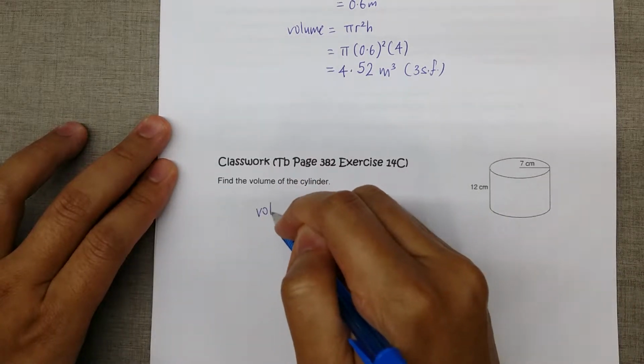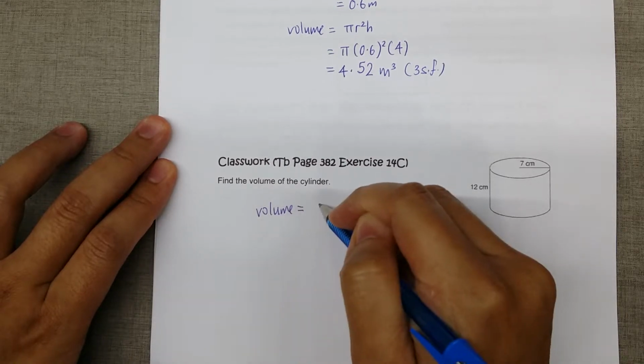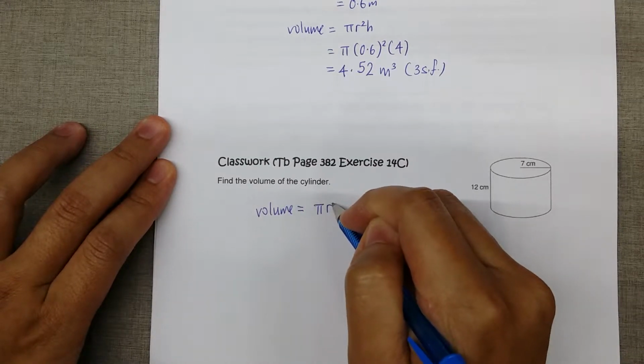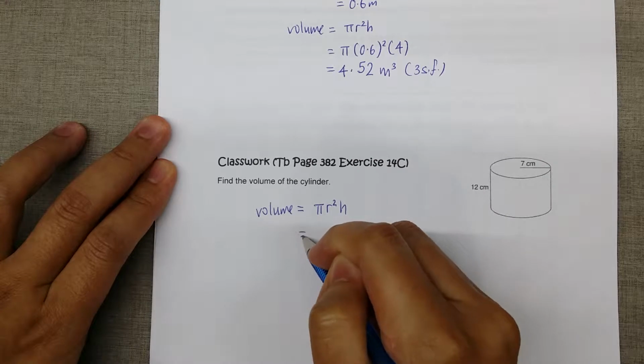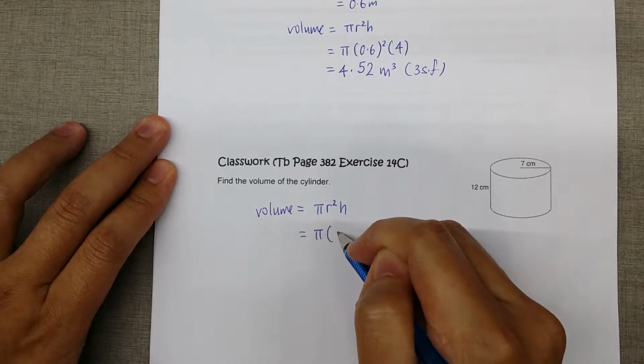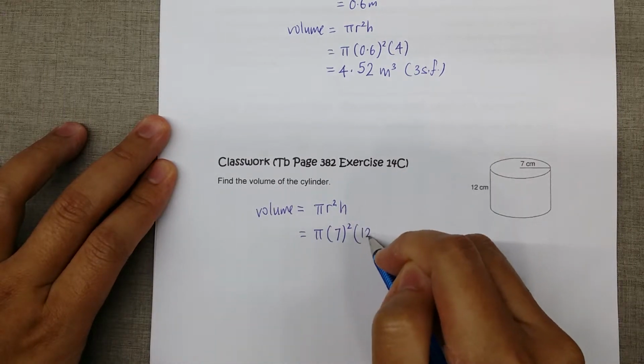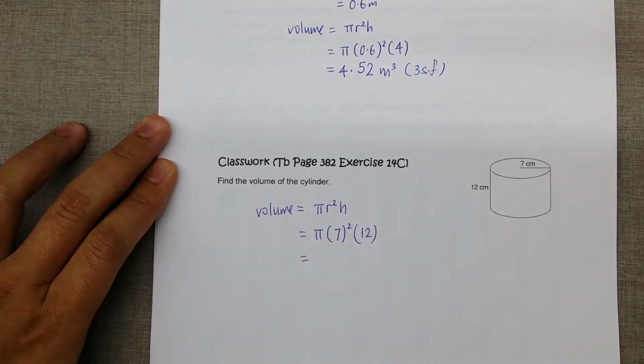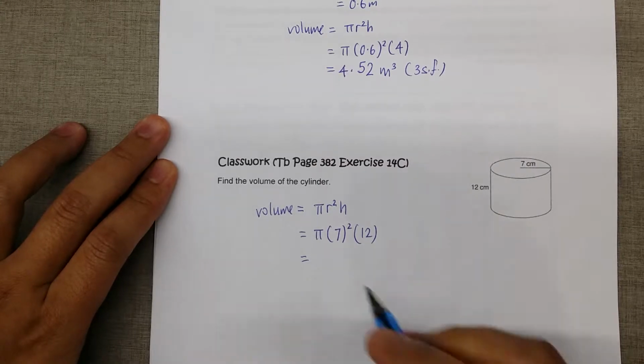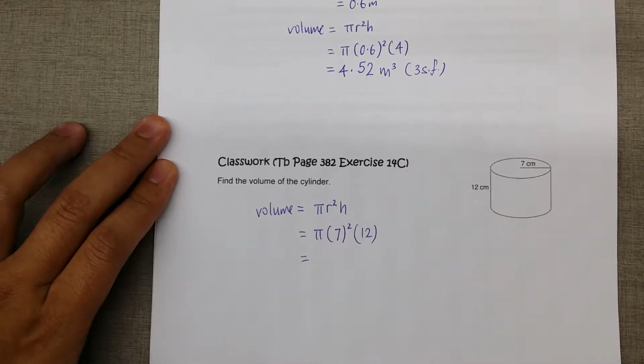So volume equals pi r square height for a cylinder. So it's pi times 7 square times 12. Multiply them up. Again, use the calculator pi. Pi times 7 square times 12, I will get 1847.25648.